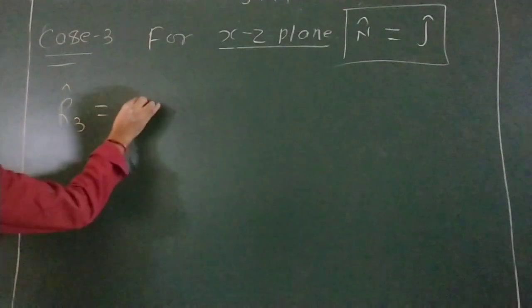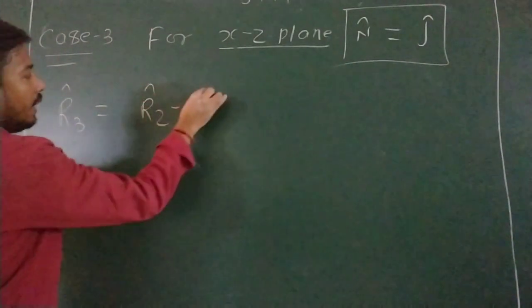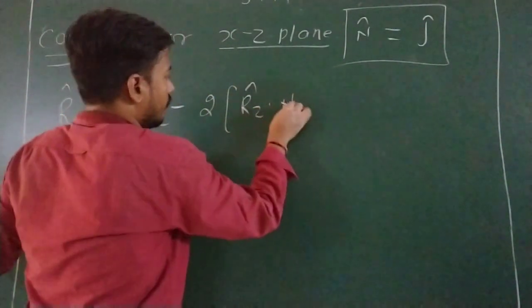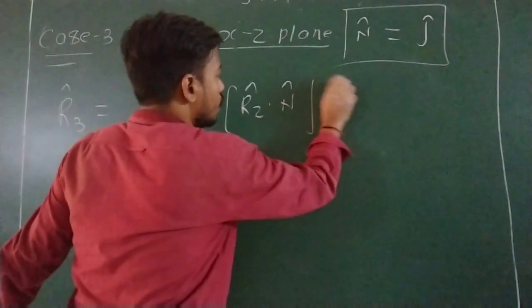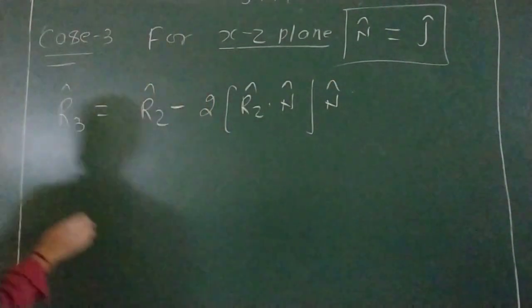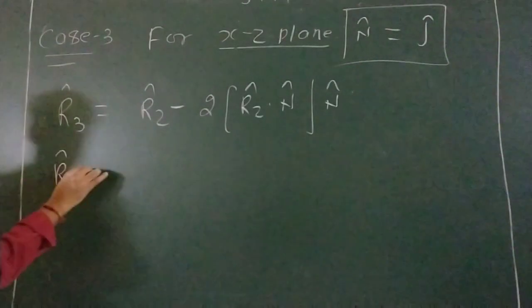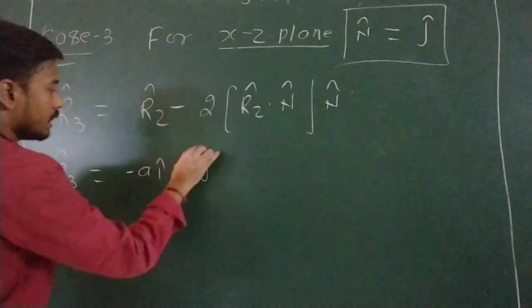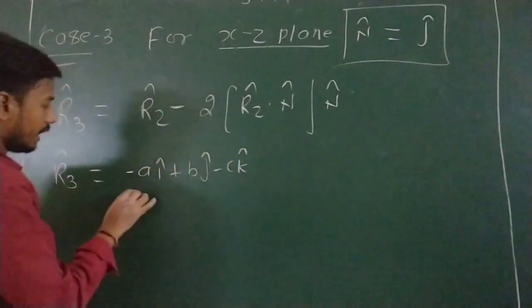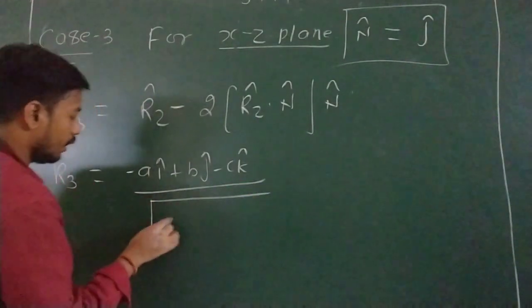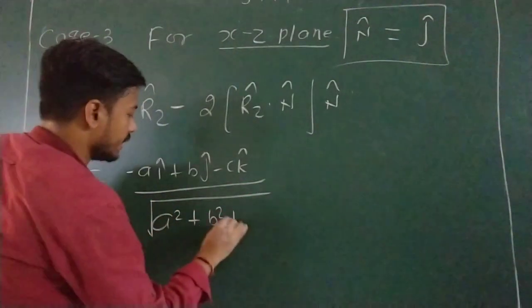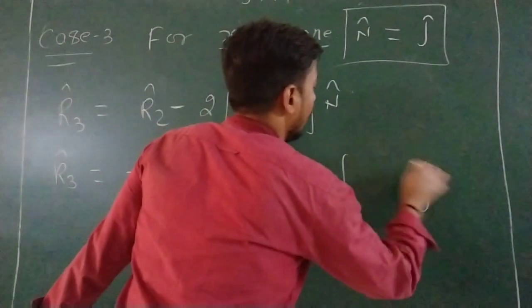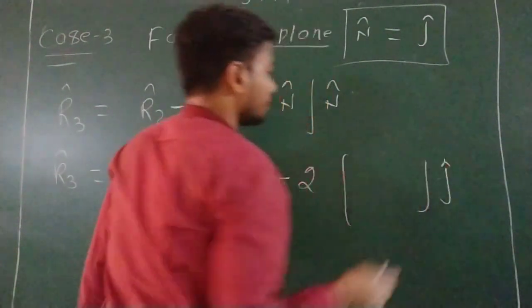R3 cap is equal to R2 cap minus 2 times R2 cap dot n cap into n cap. So just see the R3 vector. R2 we have calculated: (minus A I cap plus B J cap minus C K cap) divided under root A square plus B square plus C square, minus 2 times, and this is J cap.